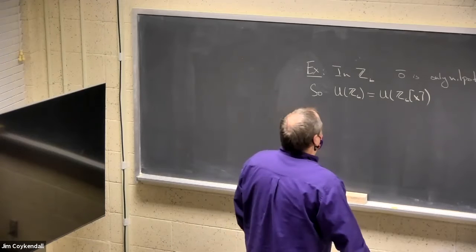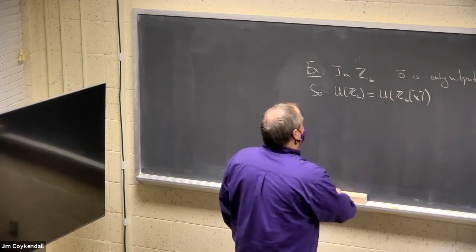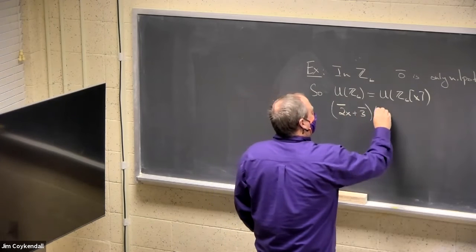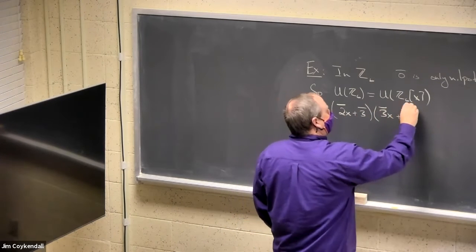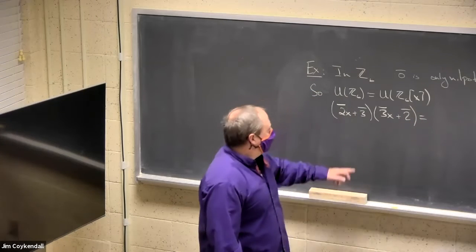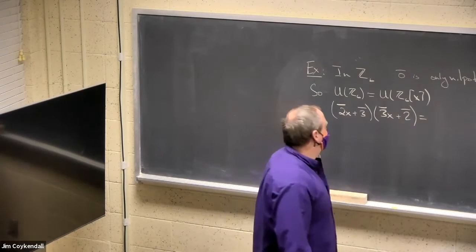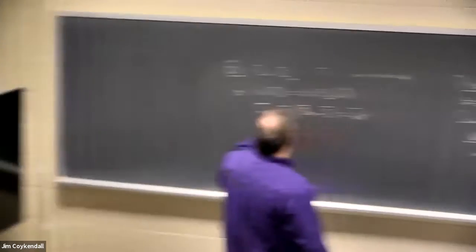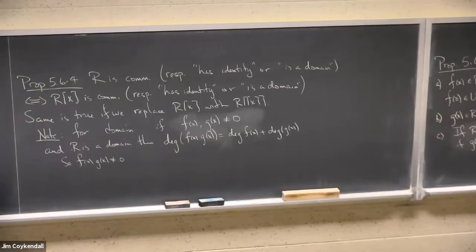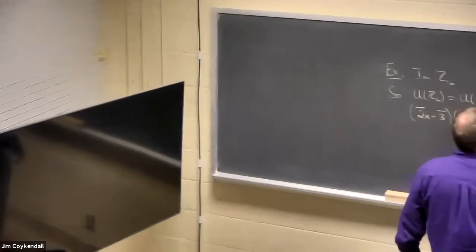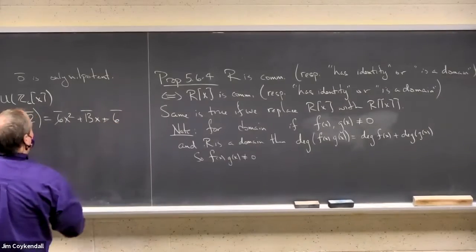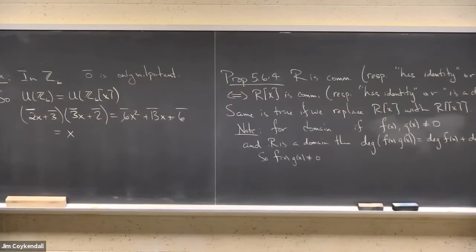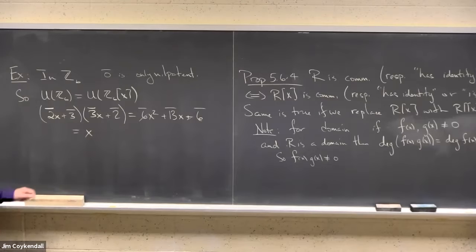But let me point out that weird things can happen, because if you look at 2 bar x plus 3 bar times 3 bar x plus 2 bar, this will make you angry, right? Degree 1 times degree 1 is degree 2. You get 6 bar x squared plus 4 and 9, which is 13 bar x, plus 6 bar. This is 0, and this is 0, and this is x. So there's an interesting factorization of just the monomial x.